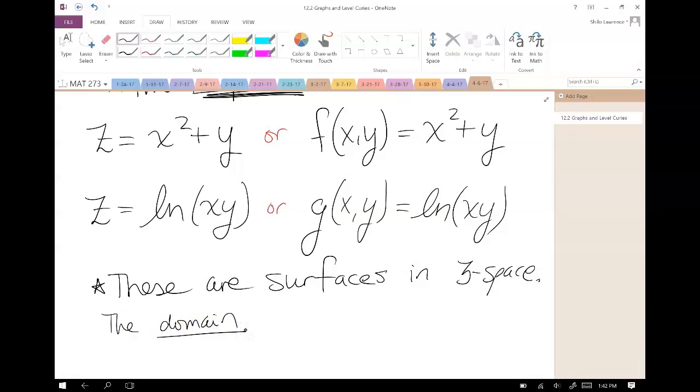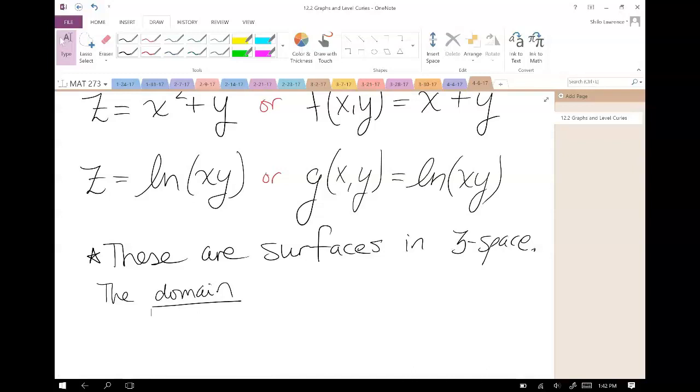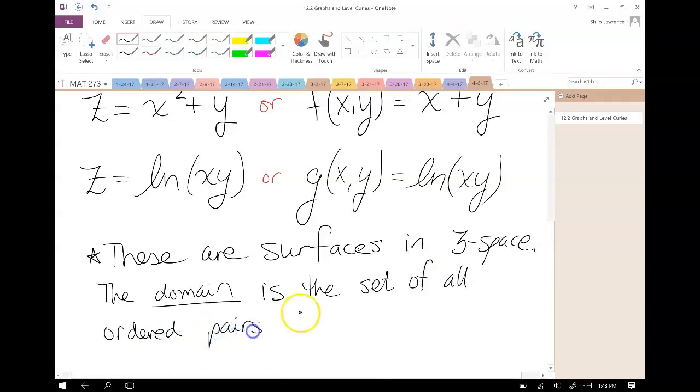The domain, if you think about what domain is back in algebra class, is the set of all the values that we're allowed to plug into the function. Since these functions have two independent variables, we're actually picking two values to plug in. So the domain is going to be a set of ordered pairs. We have to pick an x value and a y value to plug in.